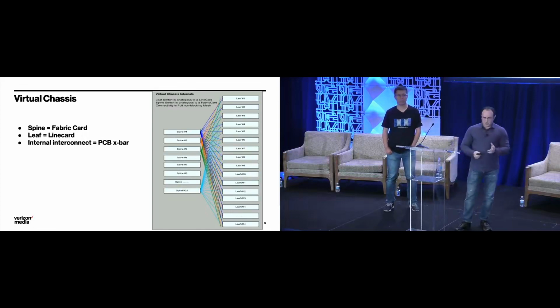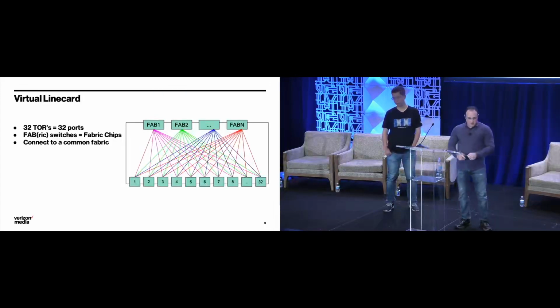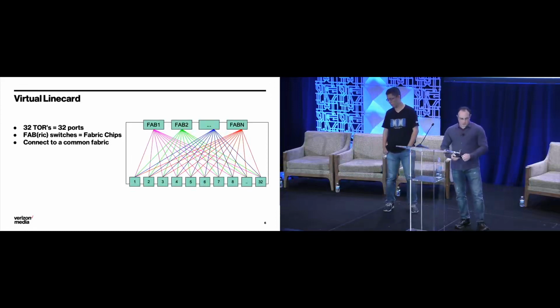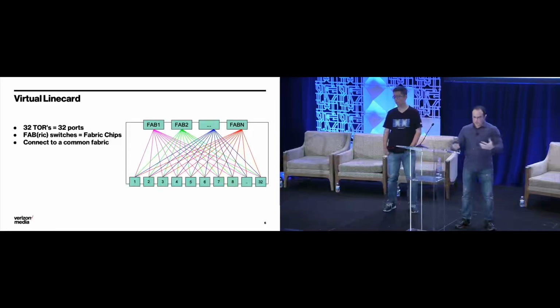Like any Clos topology, the scaling characteristics here are that the port count on the spine dictates how many leaves you can connect, and the number of spines dictates how much oversubscription you're going to have. Another possible design is a virtual line card. There's a lot of line cards that are built this way, which is ports connected to a backend fabric.